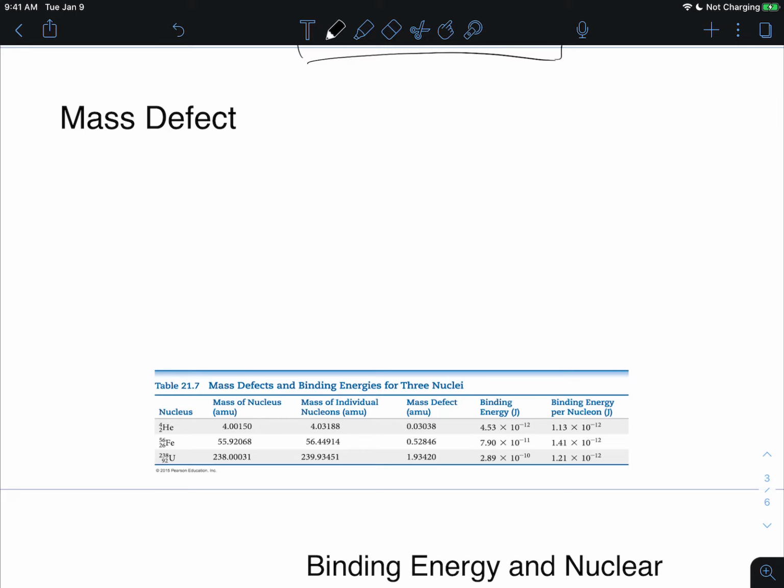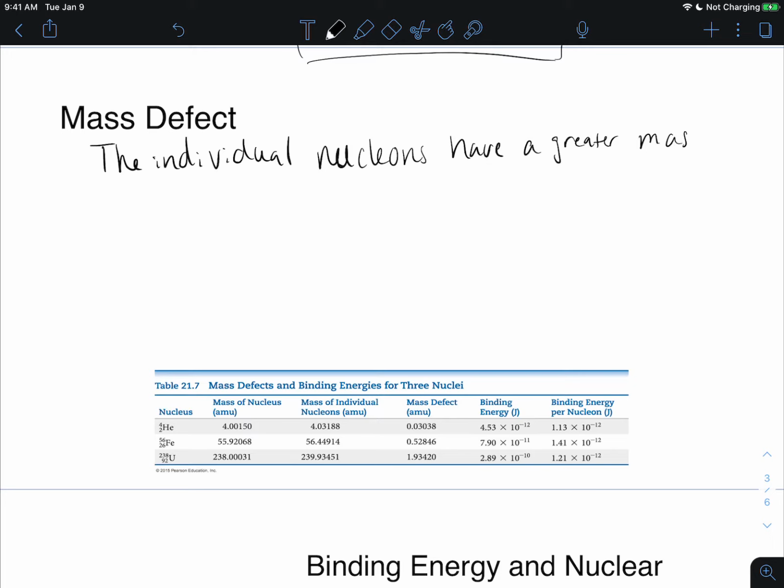It comes from the difference in energy between our individual parts of our nucleus versus the mass of our nuclei itself. So the individual nucleons have a greater mass than the combined nucleus.